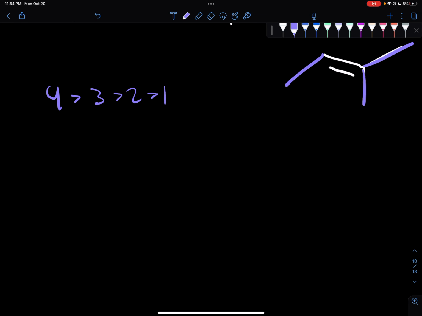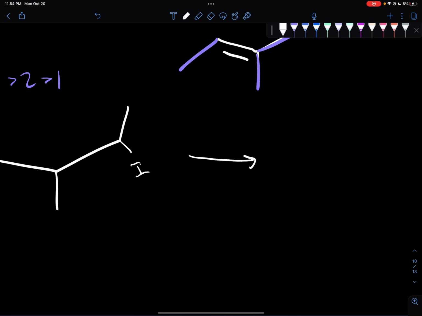Now, let me think of something real quick. I guess just say that this is your carbocation. Let's just do iodine here. And you're going to do a weak base.